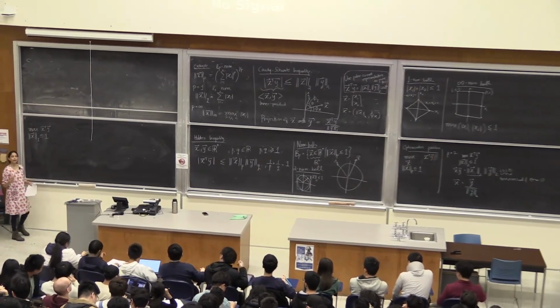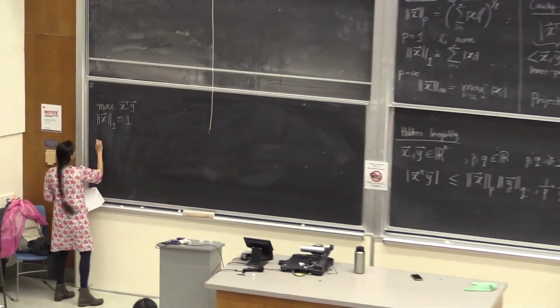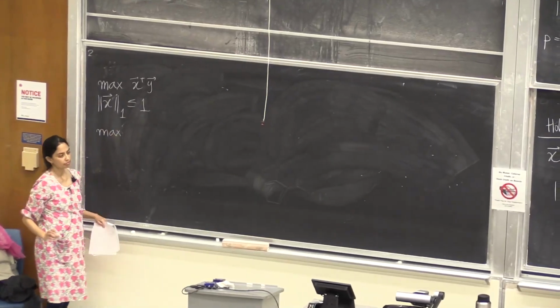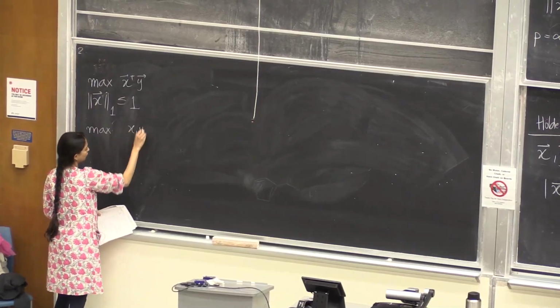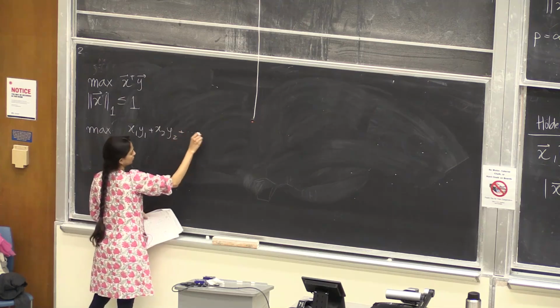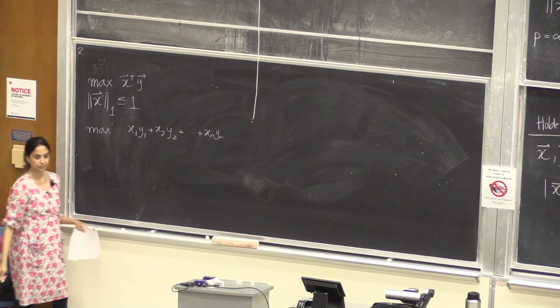So one way I like to think about this is just rewriting it a little. So I know that in this case, x transpose y is just x1 y1 plus x2 y2 plus xn yn, right?